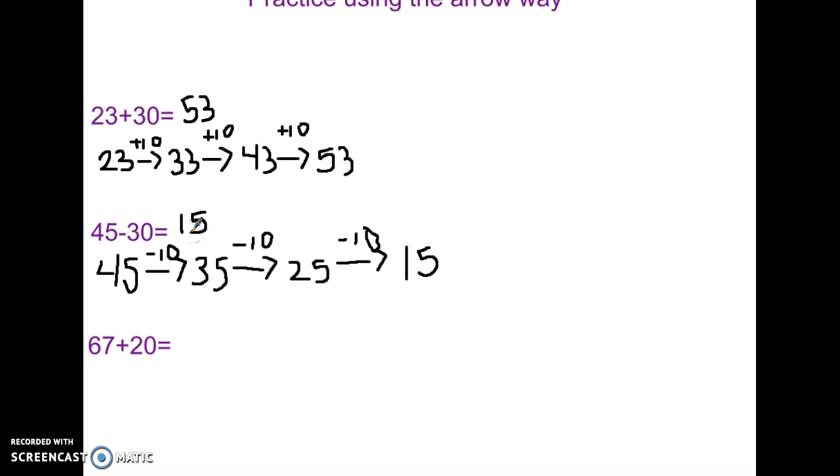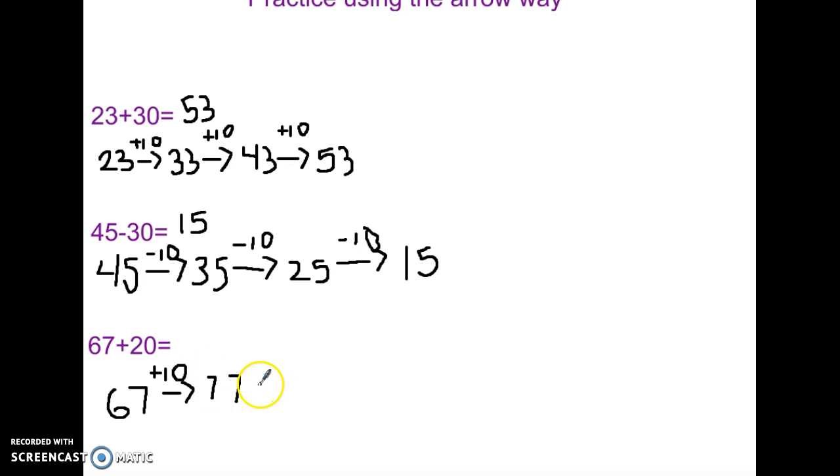Great. Now try 67 plus 20 on your own. Pause the video and come back when you're ready. Okay, so did you start with 67, arrow, plus 10 equals 77?